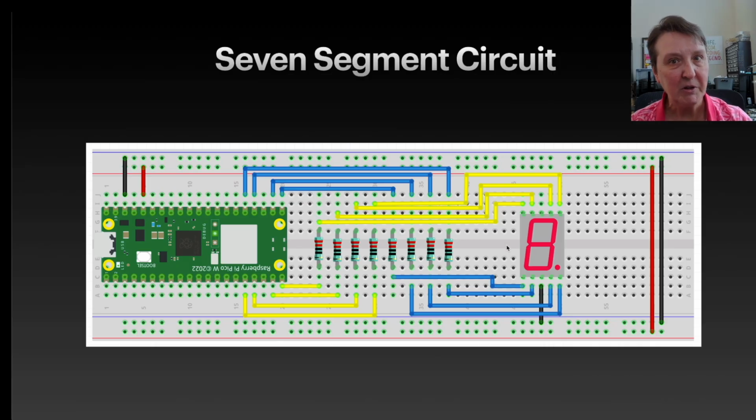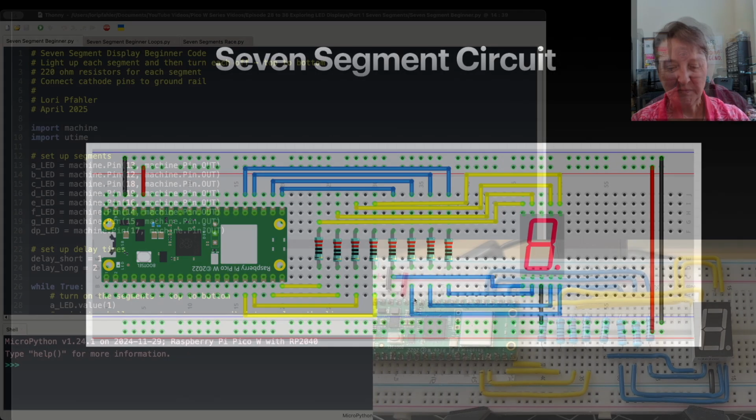We'll talk about other strategies for not having to have all these resistors, but if you want to do it the right way, I think you really need these current limiting resistors in here. If you're going to turn on the LEDs simultaneously, it's a better setup. But it's a lot of wiring, so you can see why people like those driver chips, because they handle a lot of this work for you.